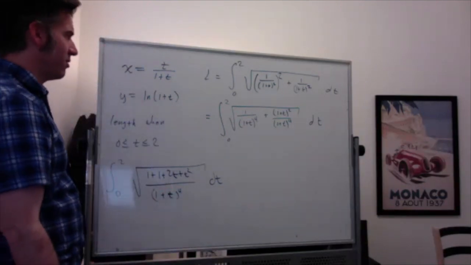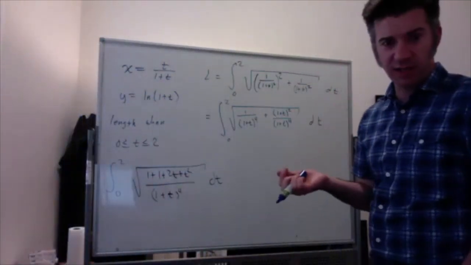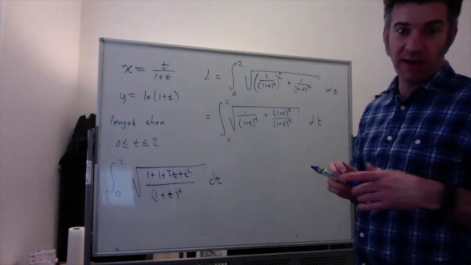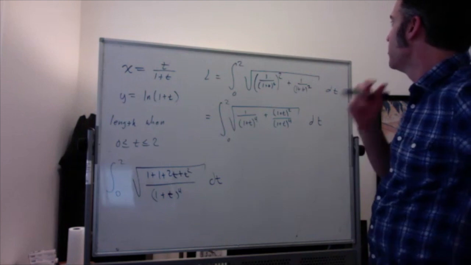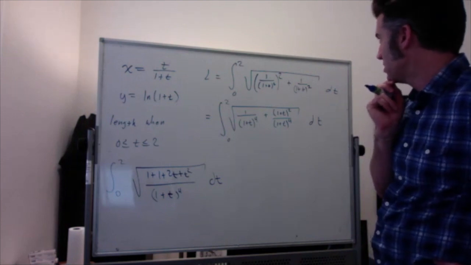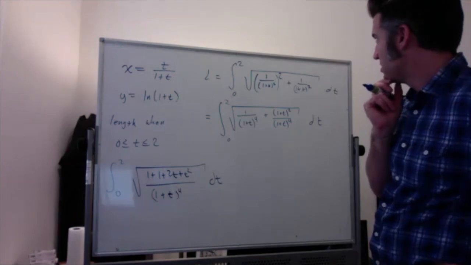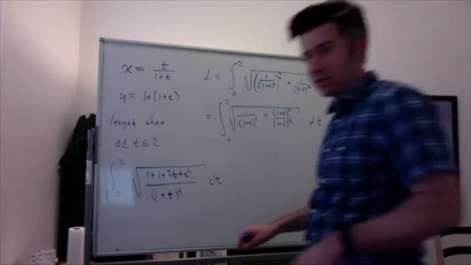Darn it, I hate it when it's hard to see what it is. I don't think it's a trig sub. It's a good question, right? I don't believe it's a trig sub because it would be a real funky trig sub. How about, let's try something else.